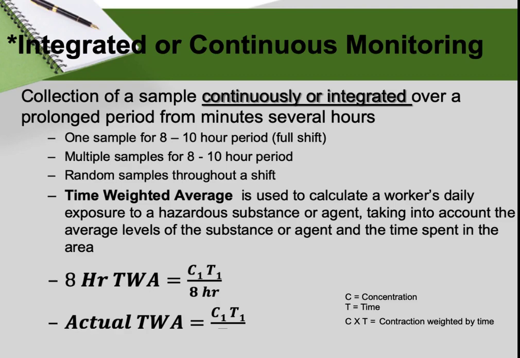Or what we do more specifically in industrial hygiene is we take our concentration that we found when we were sampling, weighted by the time that we took that sample, and we put that over the sum of all of our time. And this may give us a different exposure profile than if we averaged it over an 8-hour period. So there's this actual time-weighted average and this 8-hour time-weighted average.